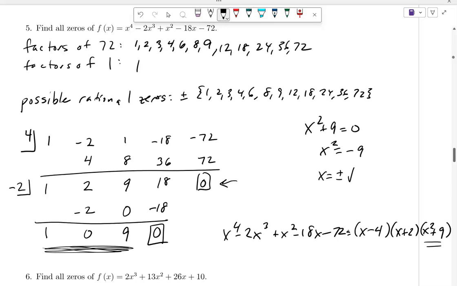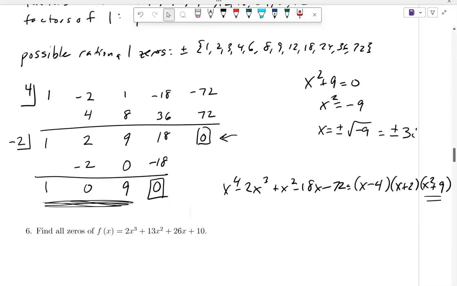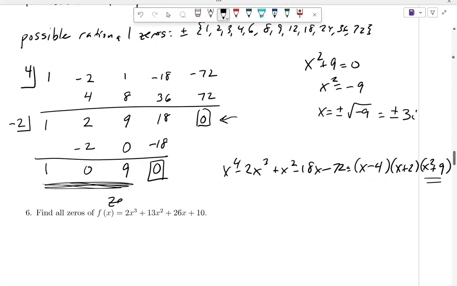Remember, when you do square root of both sides, you get plus or minus. What do we do with the negative? Makes it an i, and square root of 9 is 3, so we get plus or minus 3i. Okay. So your zeros are 4, negative 2, 3i, and negative 3i.